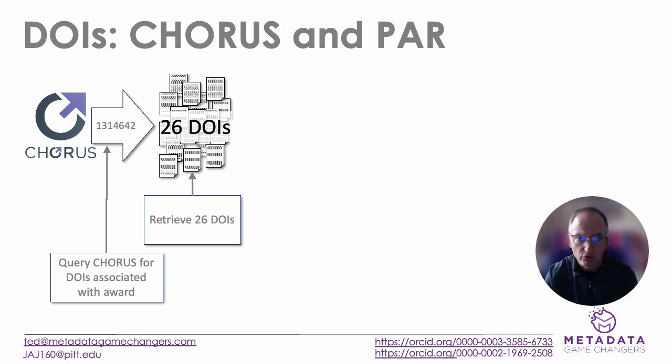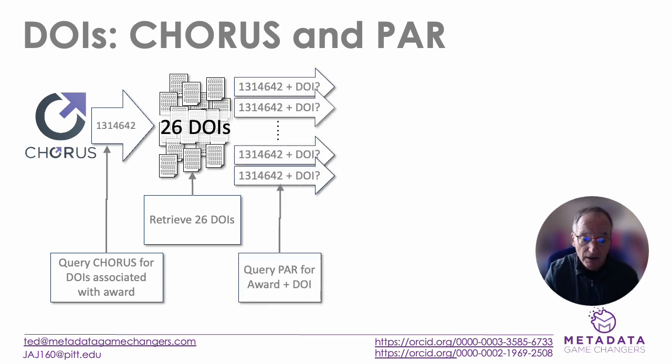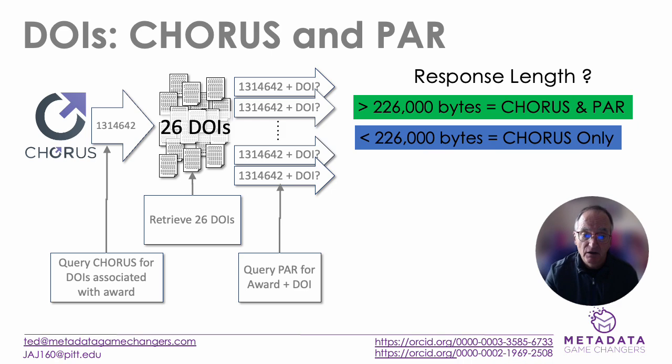These are journal articles that were funded, that acknowledged that award in their acknowledgments, and that was picked up by Crossref and Chorus. In order to find out whether those DOIs are associated with that award in PAR, we run a query that combines the award number and the DOI, and we can query PAR to find out whether those two items are associated with one another in PAR.